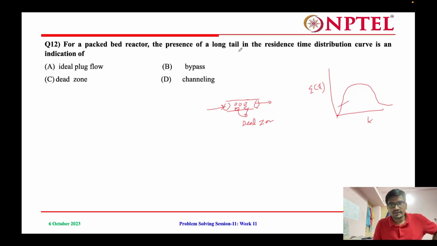The presence of a long tail in the residence time distribution curve is an indication of a dead zone. So option C is correct.